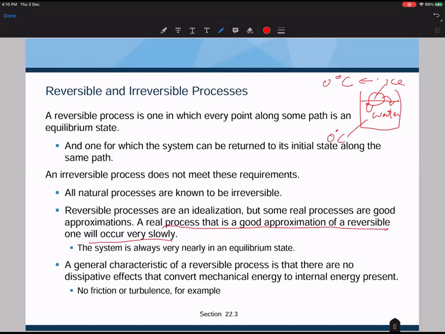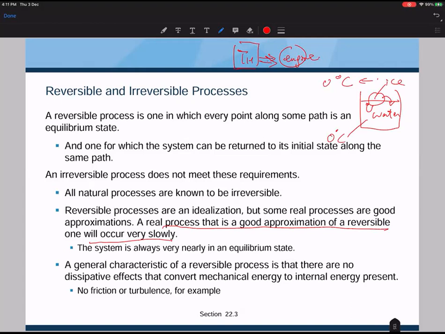For example, you could transfer the heat energy from a hot reservoir to the engine very, very slowly. So this would make the process reversible or close to reversible.